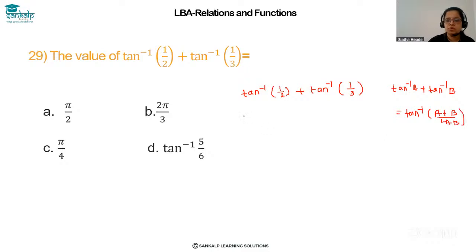This formula you use. Instead of A you have 1 by 2. Instead of B you have 1 by 3. So it is tan inverse of (1 by 2 plus 1 by 3) divided by (1 minus 1 by 2 into 1 by 3). Simplify further.